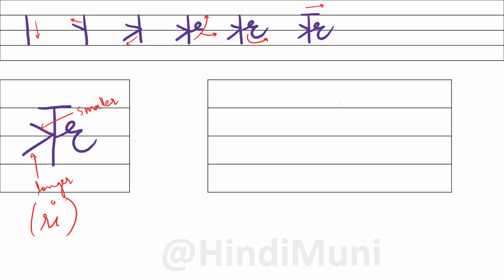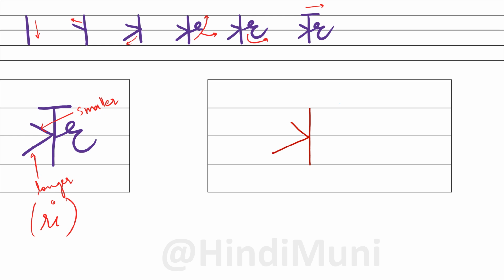Okay. Next vowel. This is re. It is most commonly used for words that are of Sanskrit origin, or words that have been directly taken from Sanskrit. The way to write it is, you make a vertical line downwards, then a diagonal line, then another diagonal line.